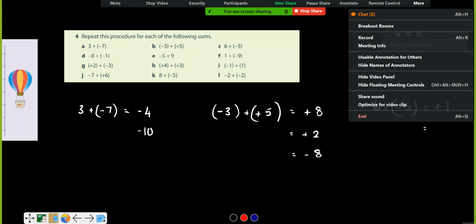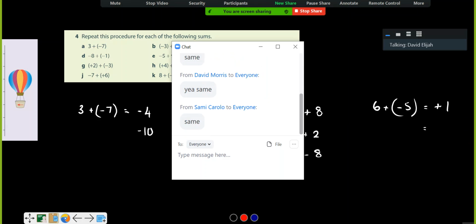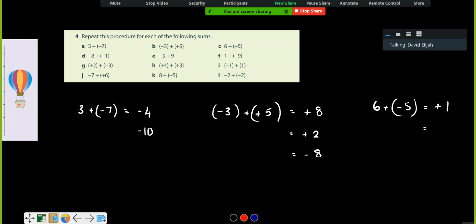So more chat. Okay. So that one's easier because you think it's just like a subtraction. So what about this one then? Can we come to a consensus as to what that one could be?